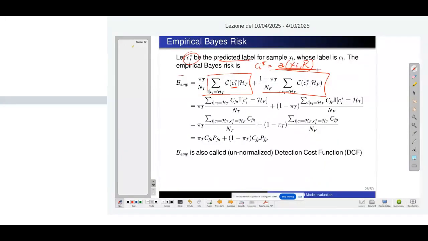So the label is a prediction, we call it just c_i star to simplify the notation, but it's the prediction made by our recognizer. And this is for the first class. This is the prior for the first class, and this is the average cost for samples of the first class. That's the empirical bias risk just rewritten for this specialized case.